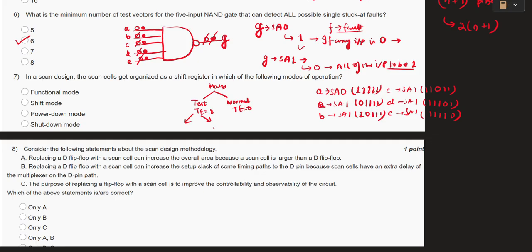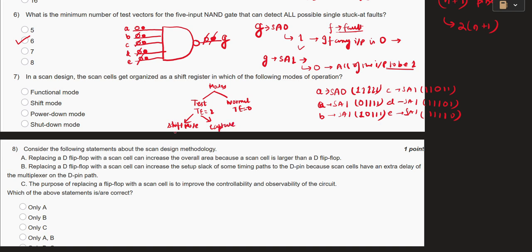Now, in test mode, there are two other cases. The first case is the shift mode, and the other is the capture mode.